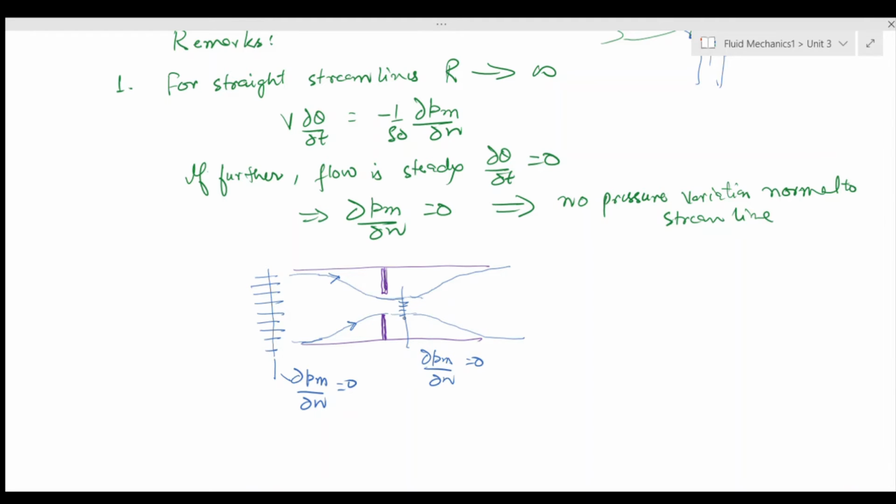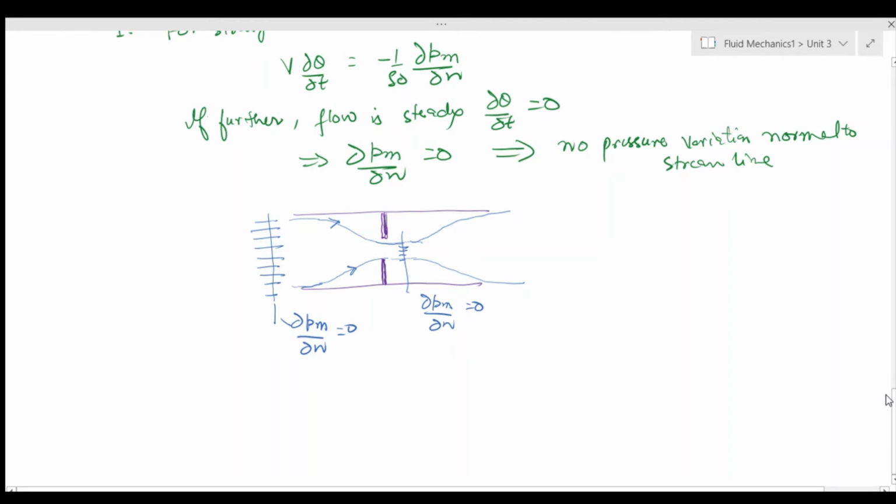The test section, where should our test section be and how the test section is designed, it is designed in such a way that within the test section you would get uniform flow and there would be no pressure variation in the wind tunnel test section along perpendicular to the streamline. So that is one observation which we can make.